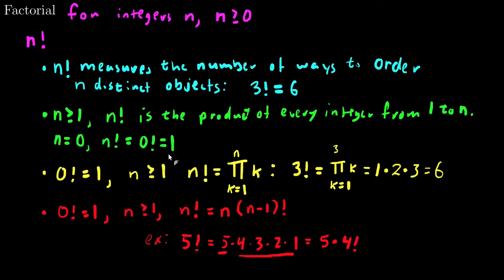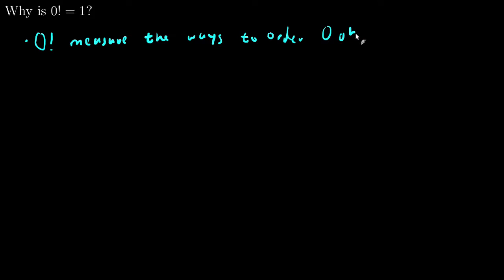But now let's talk about this big issue. Why is 0 factorial 1? So, a few things. First off, on that last slide, we said that 0 factorial should measure the number of ways to order 0 distinct objects.